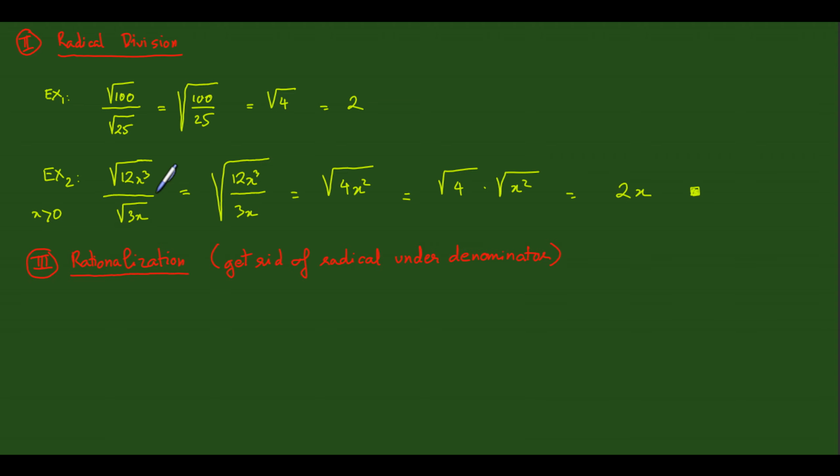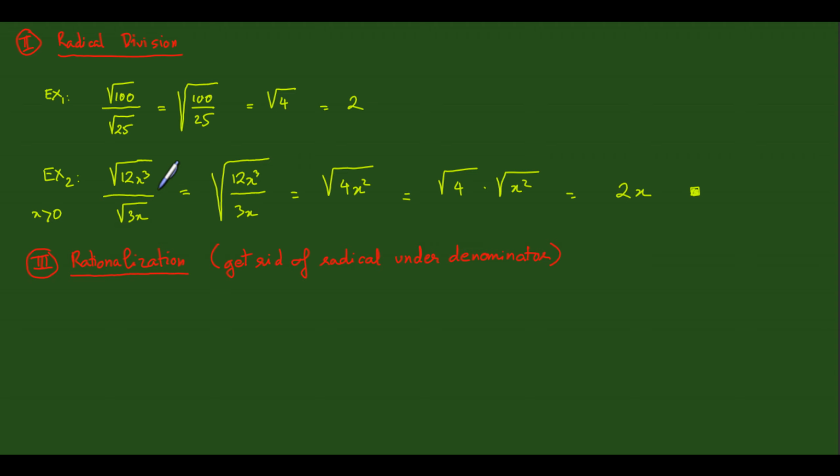We don't want it, because the beautiful form of a radical expression is the one that doesn't have a radical under the denominator. If it has a radical under the denominator, then it's not in the simplest form yet.